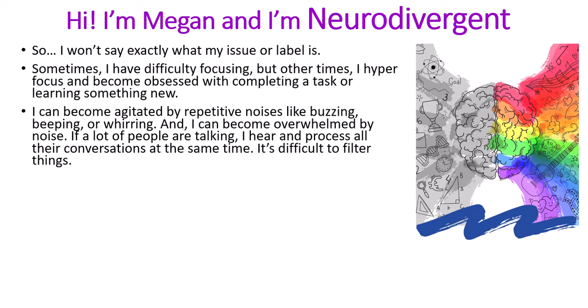I can also become overwhelmed by too many noises. So when a lot of people are talking, I basically hear and process all their conversations at the same time. It can be difficult to filter things out. In a classroom setting, that can sometimes be an advantage where I can hear multiple students' conversations all at once, but sometimes in meetings it can be difficult.